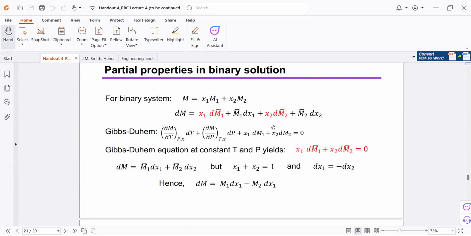That means the last two terms right here are equal to 0, because we assume constant T and P, so dT and dP are 0. And then instead of dx1 in our equation, we replace dx1 with negative dx2. Let's try that. Okay, going back to our whiteboard.